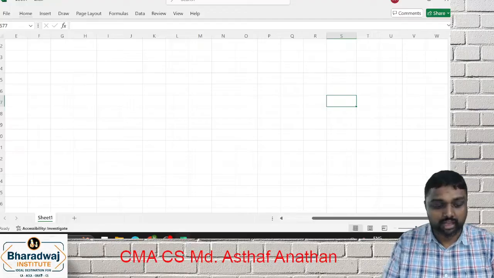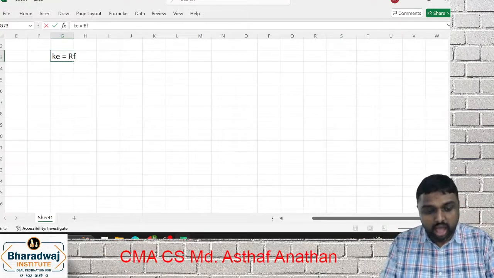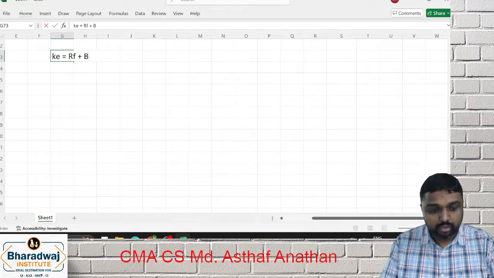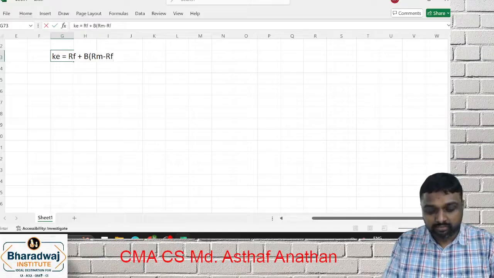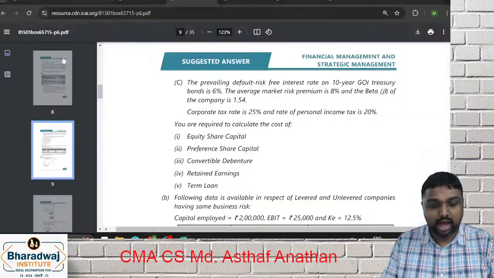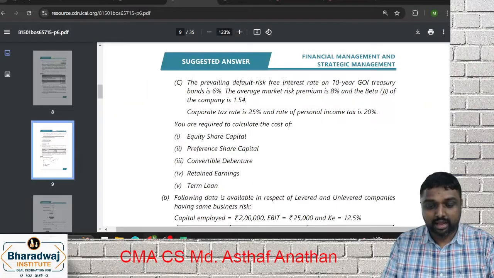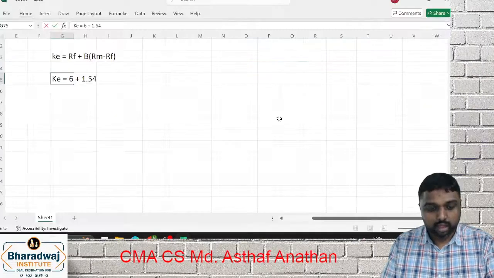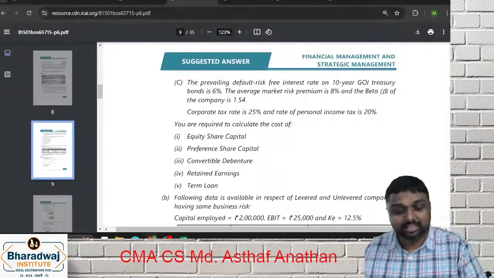We can do it very easily. First, we will do KE under the CAPM approach: RF plus beta times (RM minus RF). What is the RF, friends? RF is 6%. Beta is 1.5, times RM minus RF, which is directly given as the risk premium.